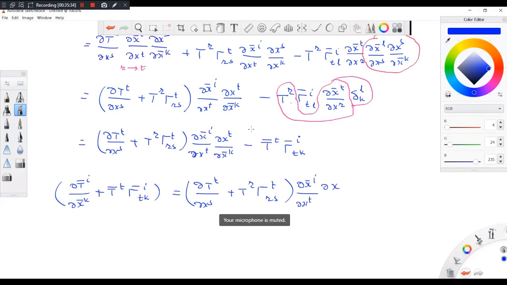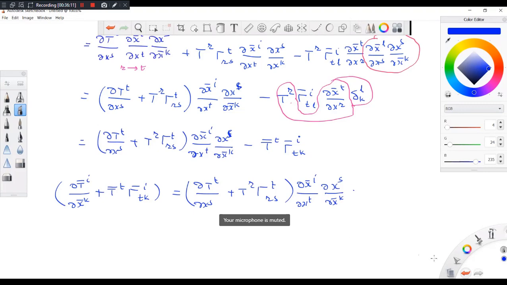So that should be S. Yeah. So this should be del x s. Okay. So this is t and k, and this should be s. I made a mistake here. It is s. This is s del x bar k. Okay. So you will get like this.